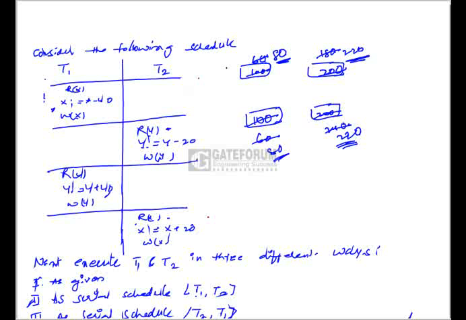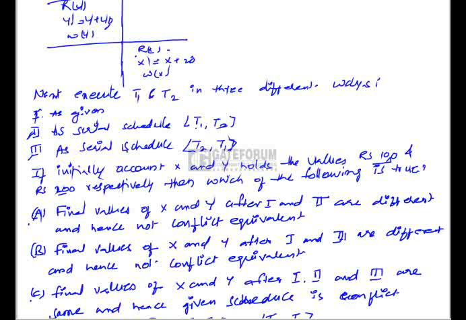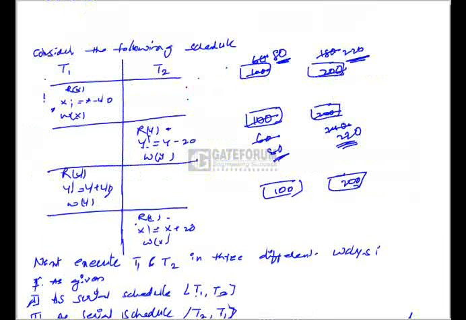Let us take the third way, that is T2 and then T1. The initial values of X and Y are 100 and 200. First we execute transaction T2. Transaction T2 reads Y, that is 200, and 20 is subtracted, so it becomes 180, and 180 is written. After that, to X 20 is added, so 100 becomes 120.